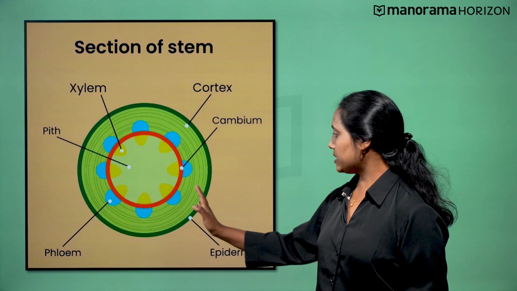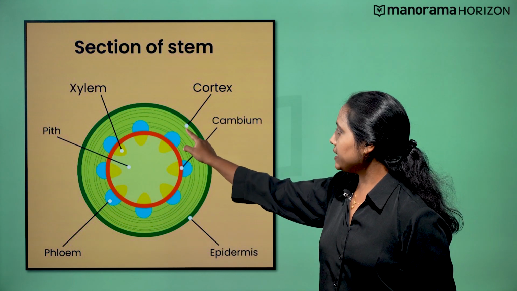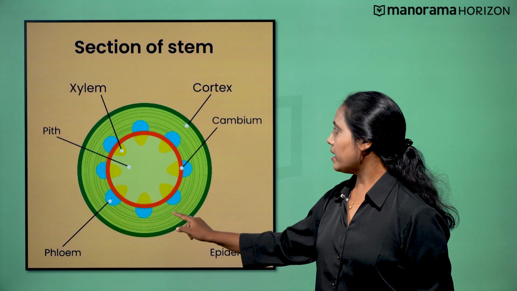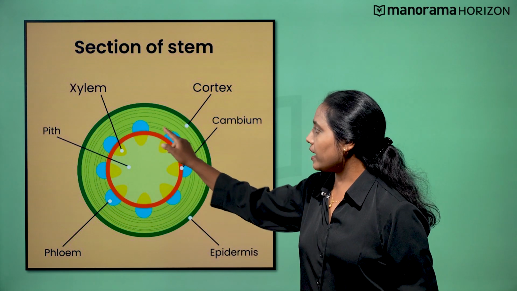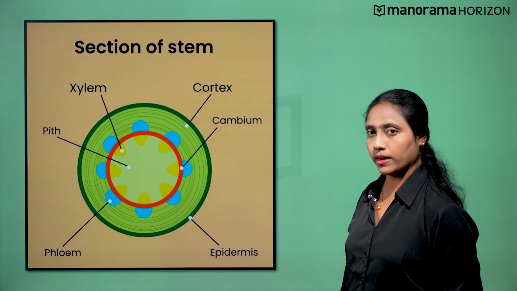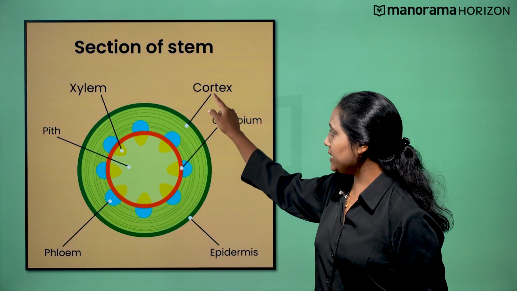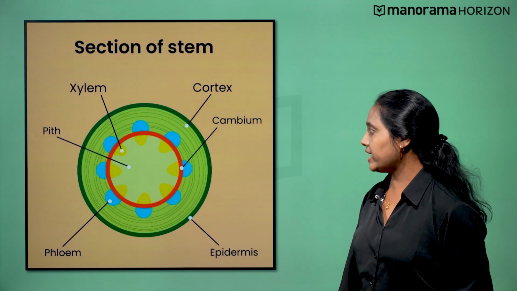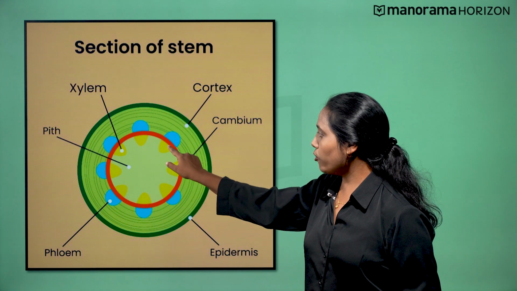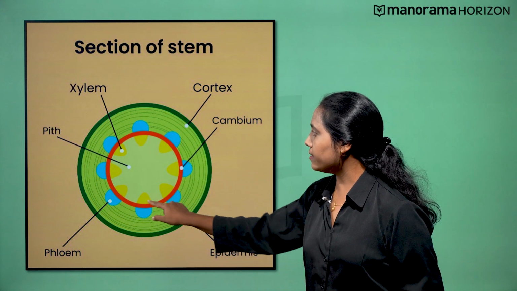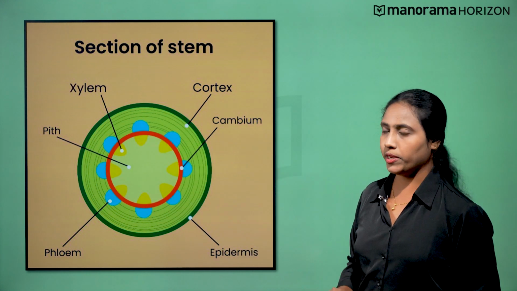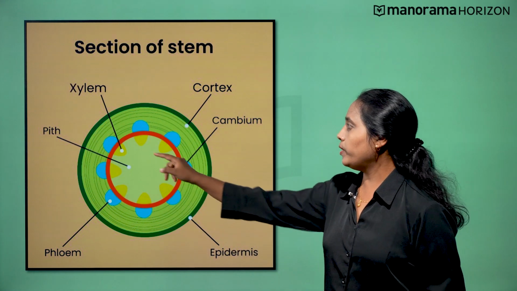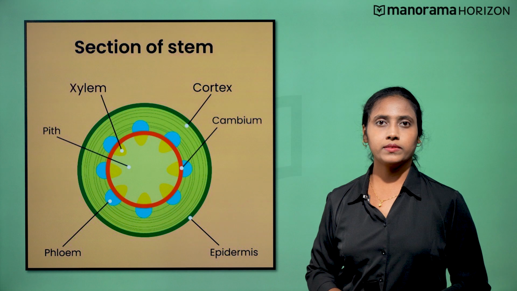As you can see in this image, the cortex is seen just below the epidermis layer and vascular bundles are arranged in a circular ring where phloem is seen towards the periphery and xylem is seen towards the center. In between the phloem and xylem, we can find a ring which is cambium, and towards the center of the stem we find the pith.